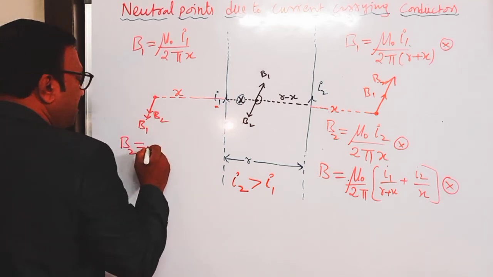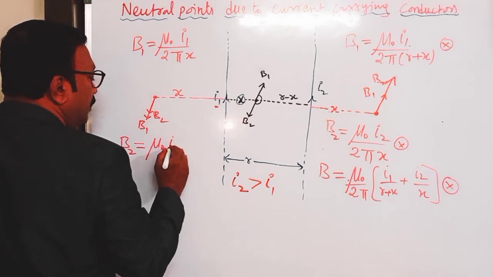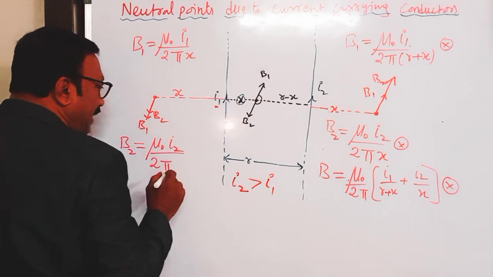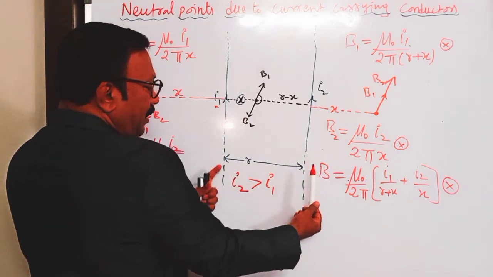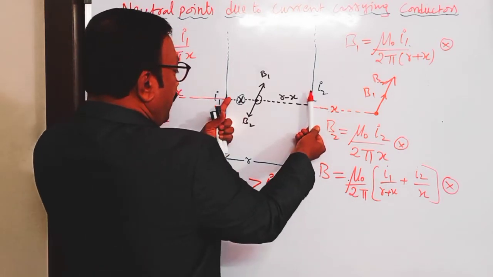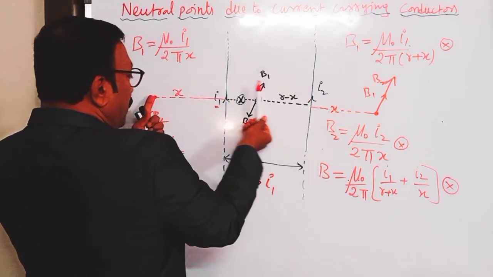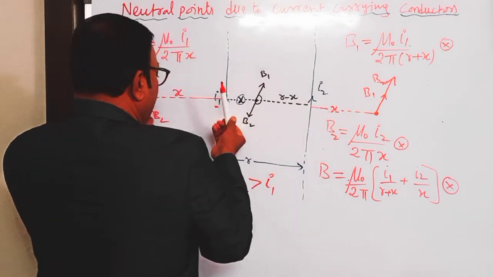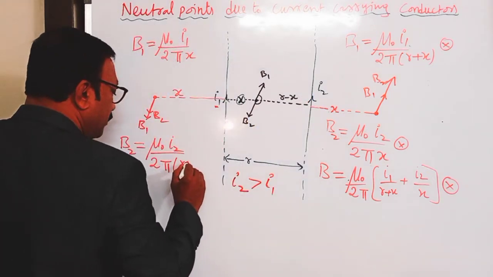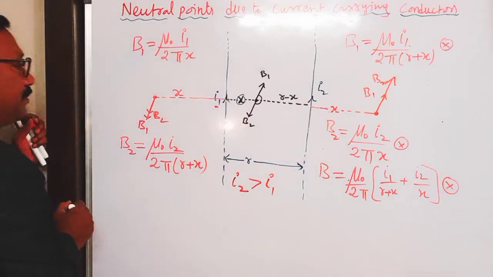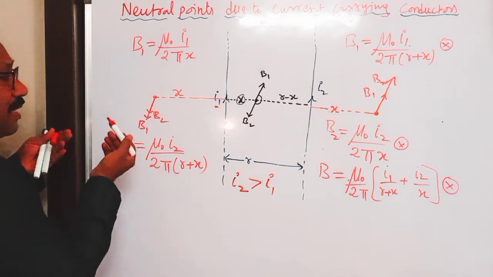This B2 is equal to mu naught I2 by 2 pi. What is the distance from the second conductor? Already this is R plus X. The total distance is R plus X.